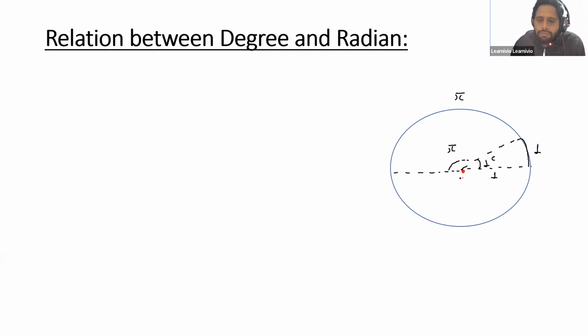Let this be O, this is A, this is B. Suppose this radius is 1 unit and the arc has the length 1 unit. Uthika, can you tell me what is the angle at the center in radian?